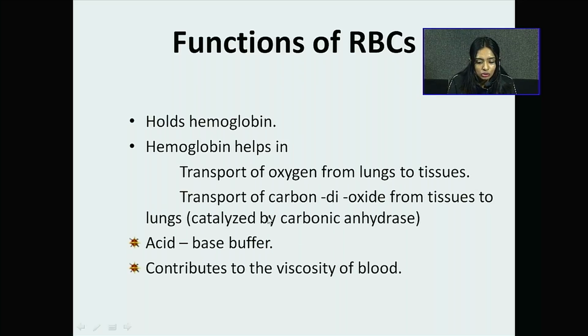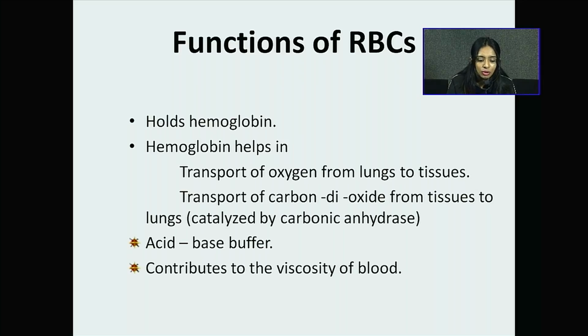So that is responsible for this process. Hemoglobin has an affinity for oxygen, so oxygen binds with hemoglobin and is delivered throughout the body to the tissues via hemoglobin. So that is the importance of the hemoglobin that RBC holds.